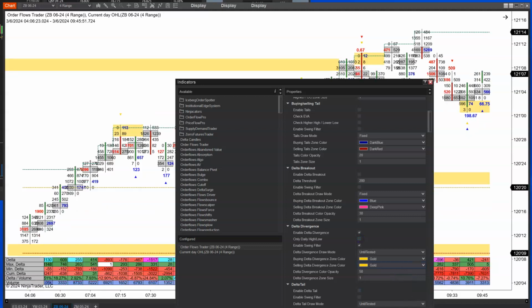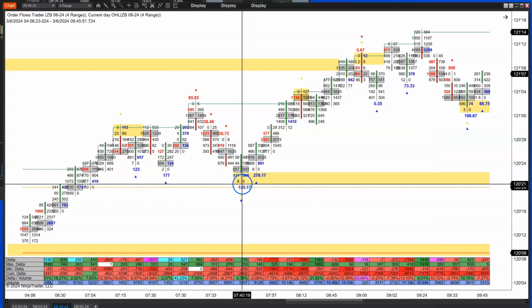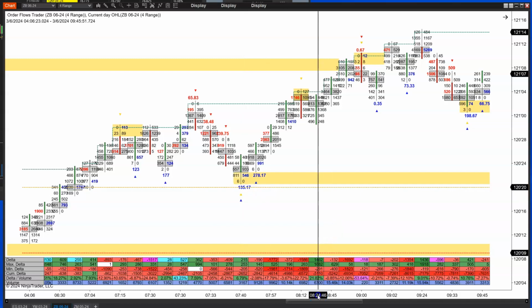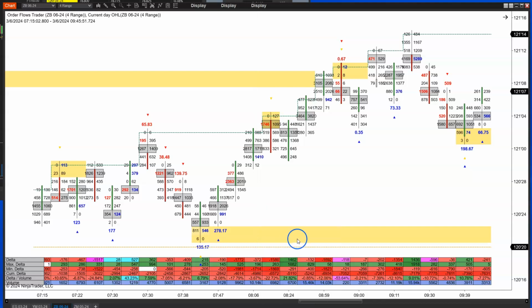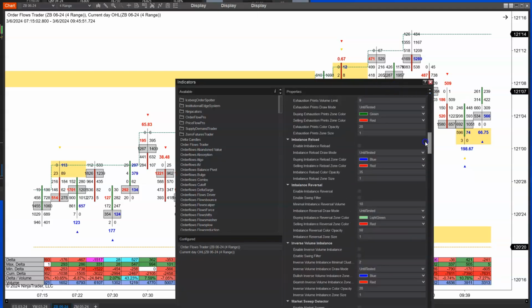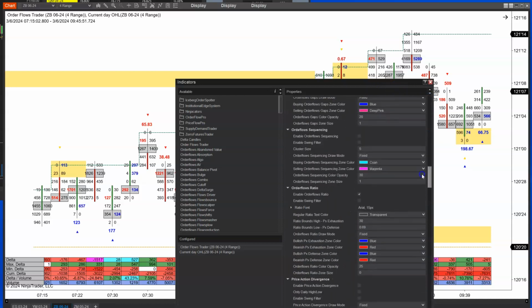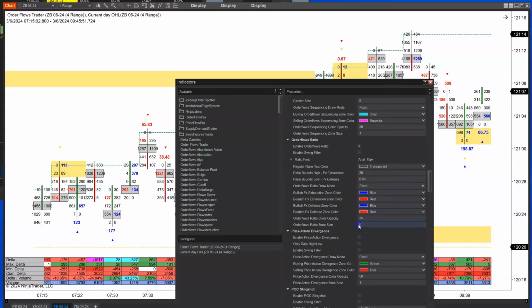Now, another thing, again, for some traders, trying to watch and see these, that's all they do. They just sit there and watch it. And just one little trick that some traders do to make it stand out more is under the order flows ratios. What they do is they draw out the zone either fixed 1, which would highlight this whole area around the ratio, or they're going to draw it out until tested.